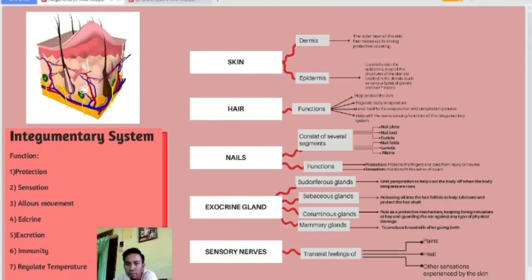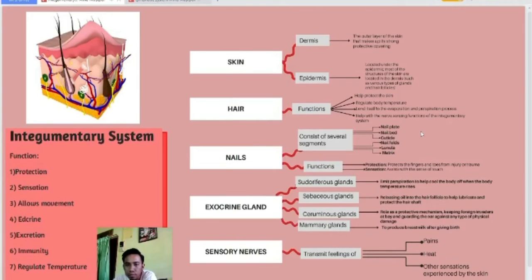under the epidermis. Most of the structure of the skin is located in the dermis, such as various types of glands and hair follicles. Next, we have hair. The function of hair is to protect the skin, regulate body temperature, lend itself to the evaporation and perspiration process, and help with the nerve sensing function of the integumentary system. Next, we have nails.